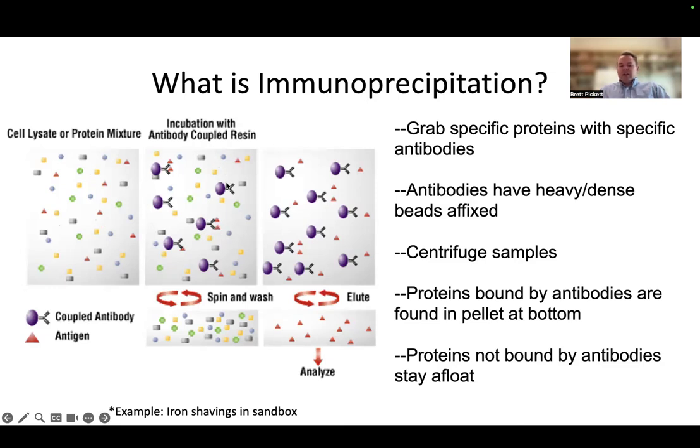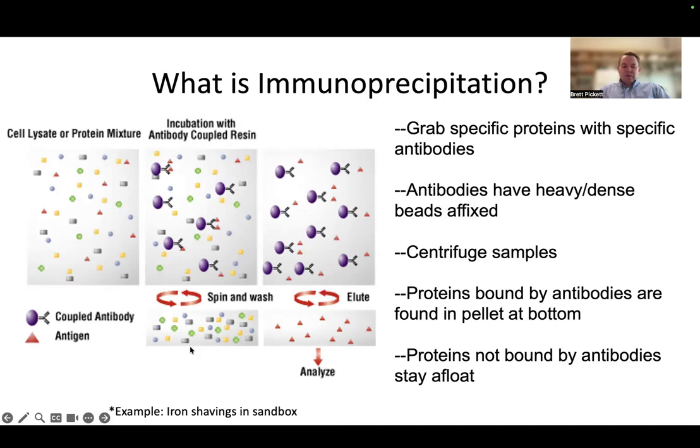And then you're probably noticing this purple thing. The antibody in this case is attached to a small bead. The bead gives the antibody weight. So when we spin things down and centrifuge it, the beads are going to stick to the bottom of the tube. The beads are stuck to the antibody. The antibody is stuck to the protein that it's supposed to recognize.